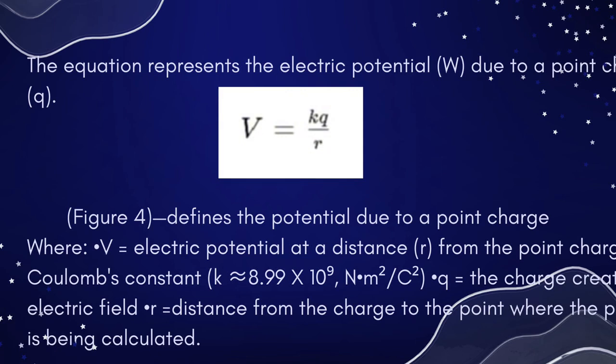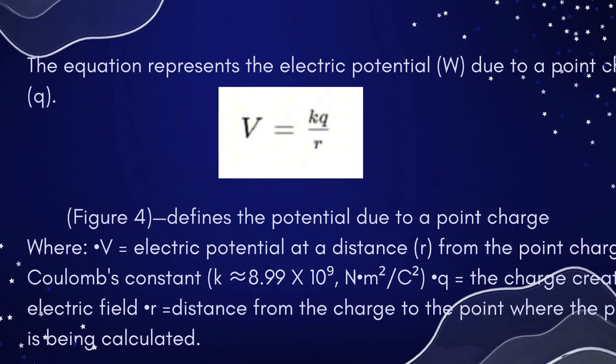This equation also shows that the electric potential decreases with increasing distance from the charge, where V is the electric potential at a distance r from the point charge. K is the Coulomb's constant, 8.99 times 10 raised to the power of 9. Q is the charge creating the electric field. R is the distance from the charge to the point where the potential is being calculated.